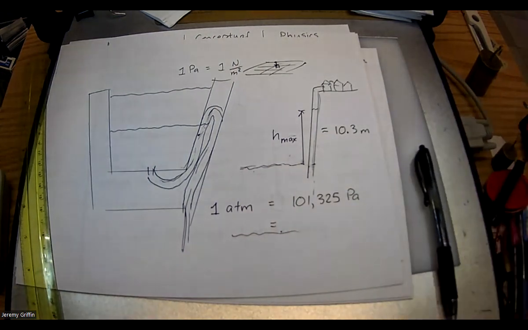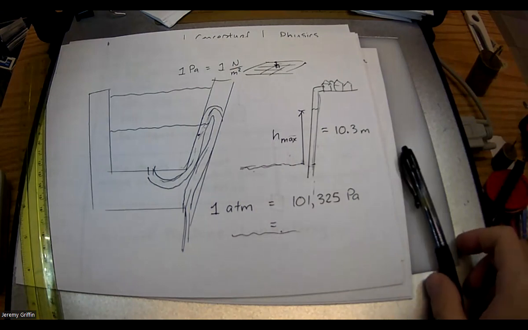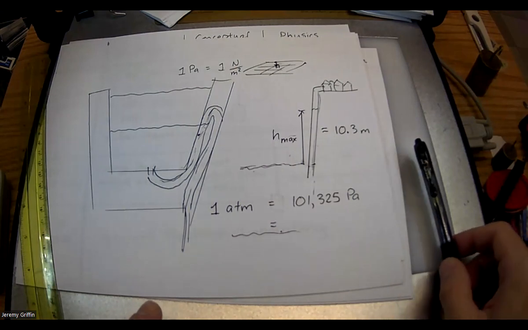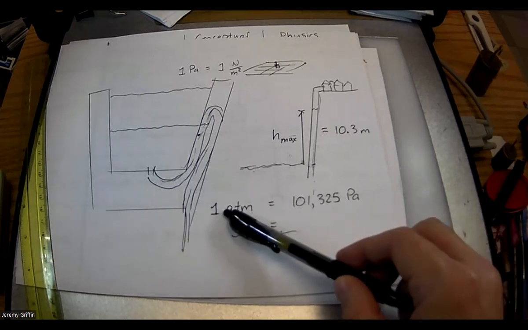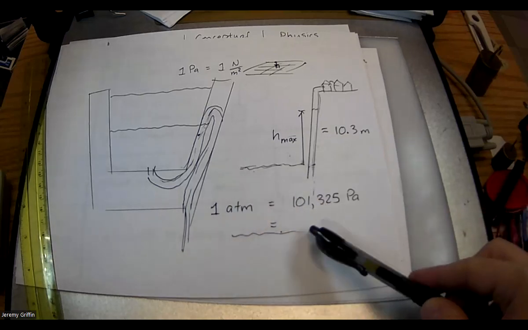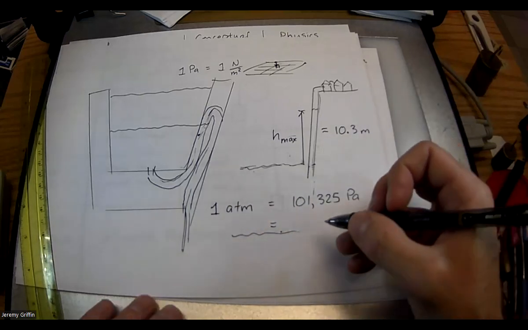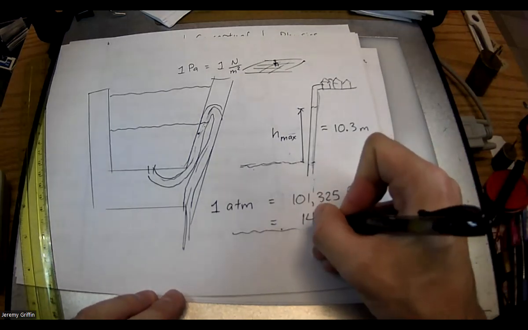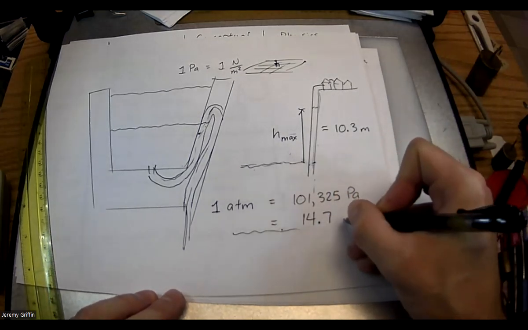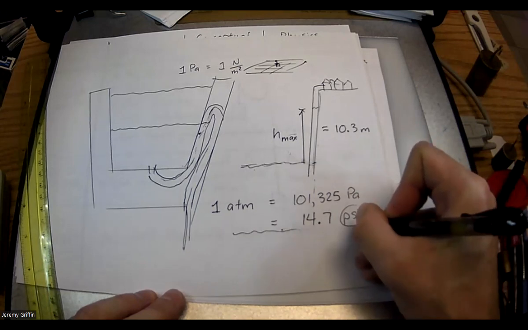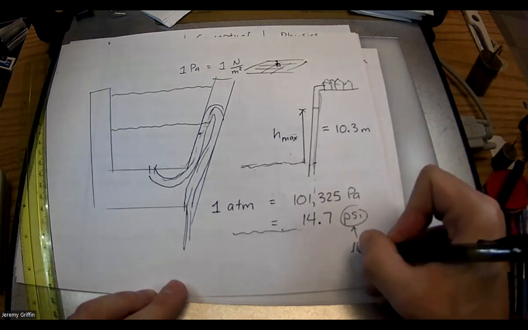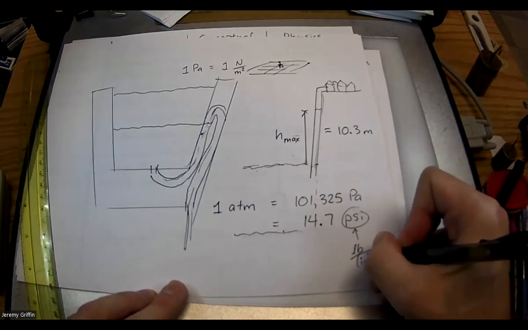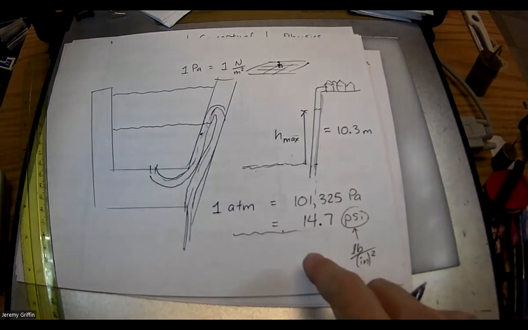When you pump up your bike tires, I have a gauge on it that says PSI, pounds per square inch. And 1 atmosphere, 101,000 pascals, is equal to how many pounds per square inch? It's about 14.7 PSI, which is pounds per square inch. That's what PSI is.